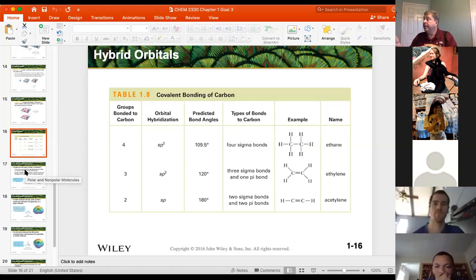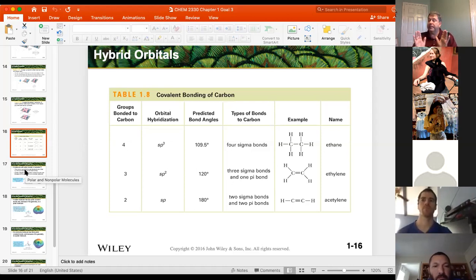The only time we see that change in angle size, like in formaldehyde, is that the oxygen is bigger than the hydrogens, right? Because it has other electrons on it. So the bigger the atom gets, the more it pushes the angle out of that ideal 120 degrees. Anytime you have a slightly larger atom, you're going to have a slightly bigger angle next to it. But if they were all the same size, they should all be the same angle.